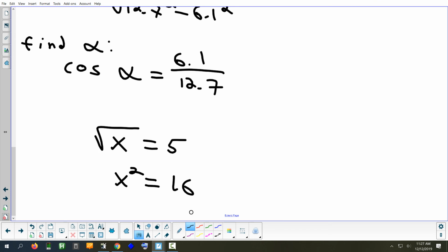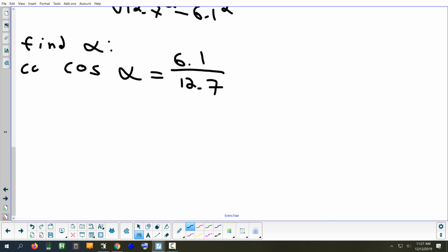So the way we would say this one is: take the inverse cosine of everything on the left, and there's no multiplication happening there. Just like there is no multiplication happening if I did something like this. Yeah, there's parentheses there, but the parentheses don't mean multiplication in this case.